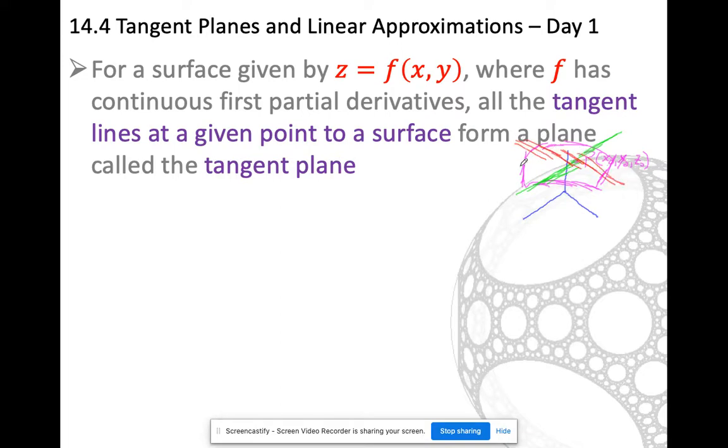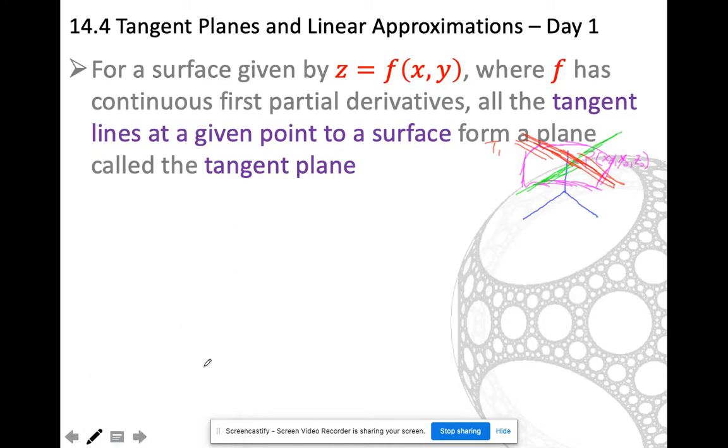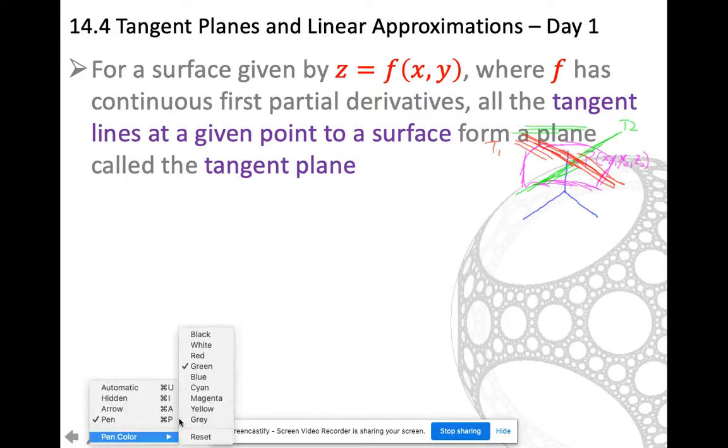I don't know why my pen is so terrible here that I can't draw a nice line. Another line that goes through the point of tangency. Let's call that tangent 1, and let's call this one tangent 2. There is a plane that contains those two lines.